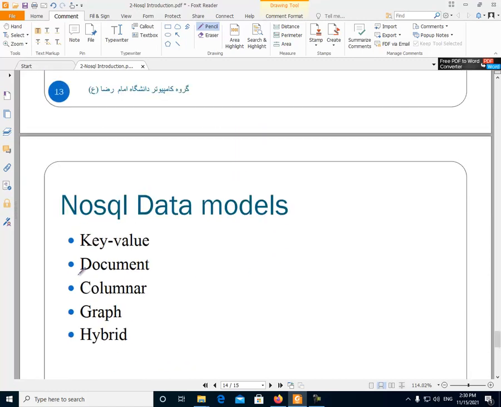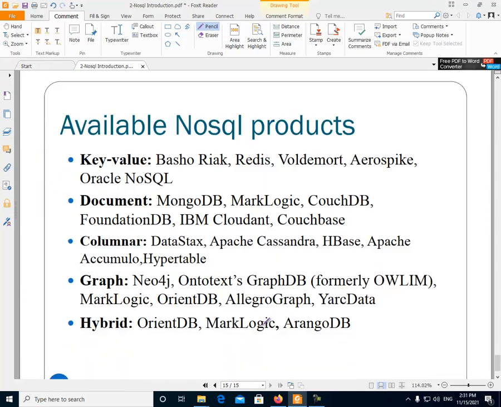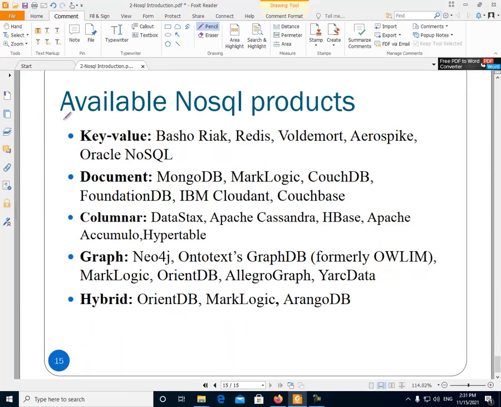We will talk about the key value, the document, the column, and the graph databases. These are four different types of NoSQL database that we will talk about, and these are some examples of them.